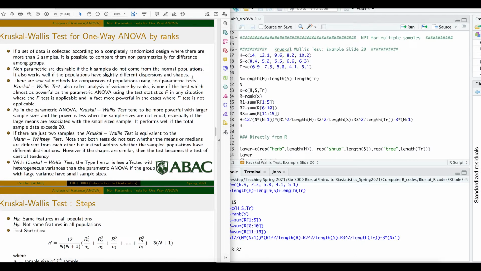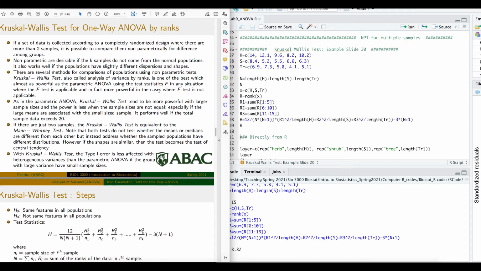There are several methods for comparing populations using non-parametric tests. The Kruskal Wallis test, also called analysis of variance by ranks, is one of the best. It is almost as powerful as the parametric ANOVA using the test statistic F in any situation where the F test is applicable, and in fact more powerful in cases where the F test is not applicable.